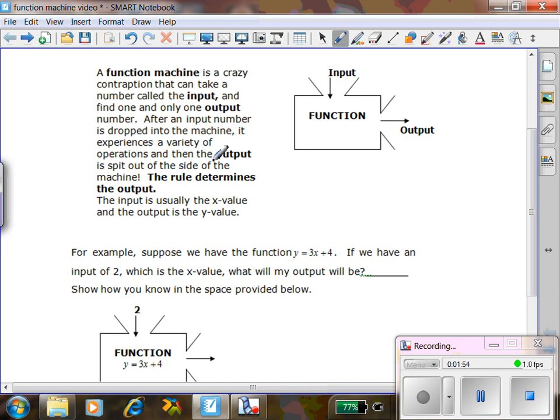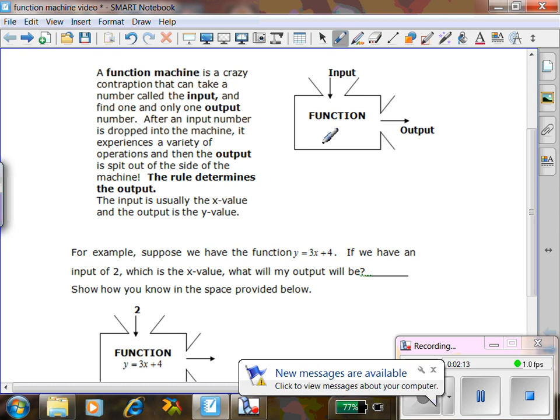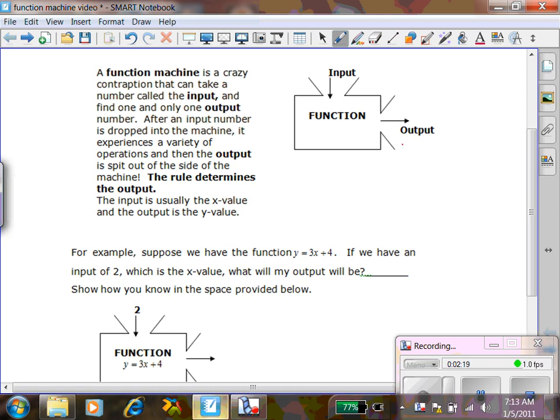So it's just a crazy little contraption that takes your input, finds what the output number is, and spits it out the side. So when you drop a number in, it sounds a little bit like this. We drop a number in, the function machine starts working hard and doing all that calculating, goes beep, boop, boop, boop, and spits out a number out to the side, which is your output.